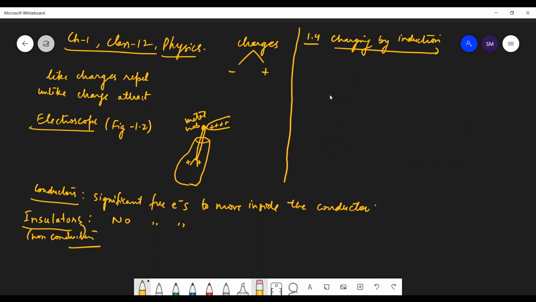But you can see charging by induction in figure 1.4 in your books, which is page number 6 of NCERT. If you have not opened it, please open your books.